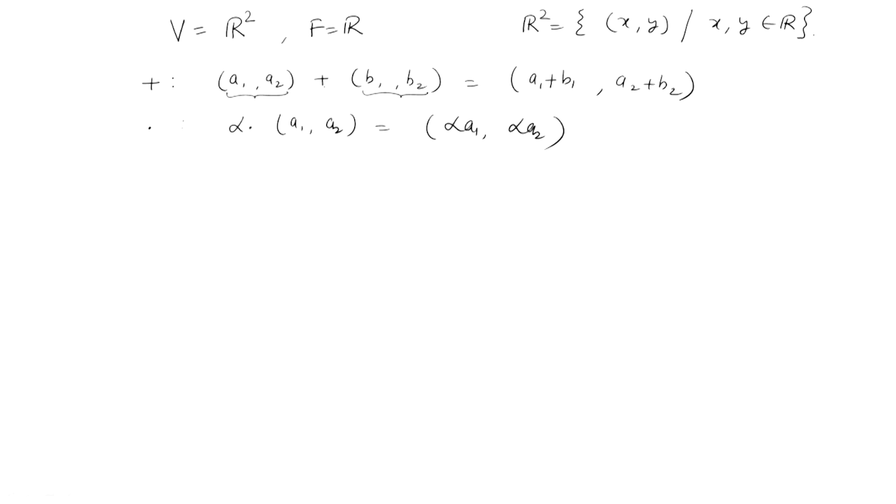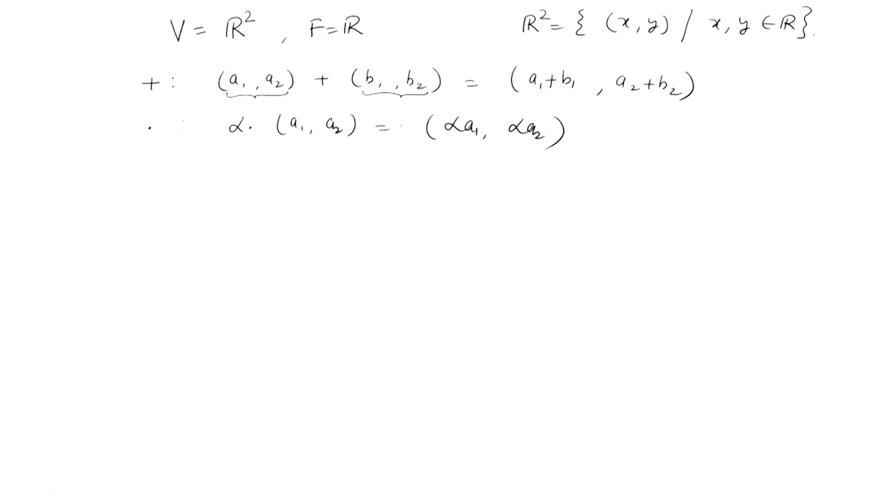This is the operation addition which is defined on two elements of the vector space. This addition is the usual addition, the addition of two real numbers, and this is a dot which operates on an element of the field and an element of a vector space.